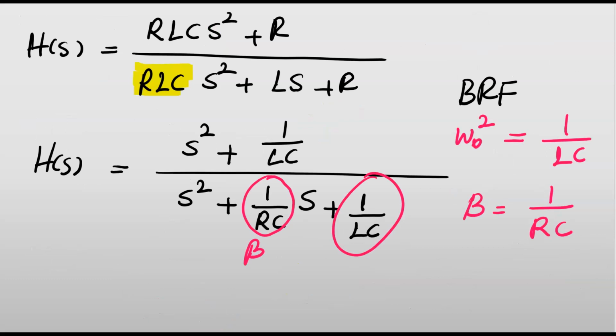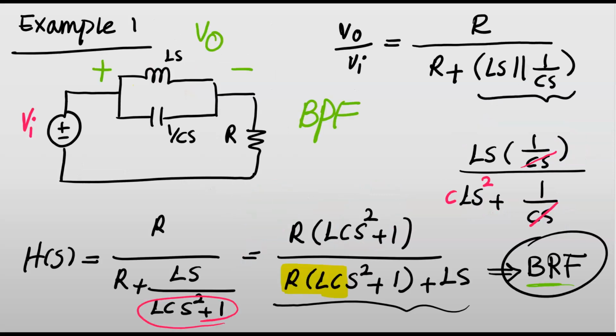And if you do the calculation, you're going to see that omega naught and beta are going to be exactly the same. The only difference is that it's going to be a band pass instead of a band reject. So omega naught squared will be 1 over LC, and beta will be equal to 1 over RC.